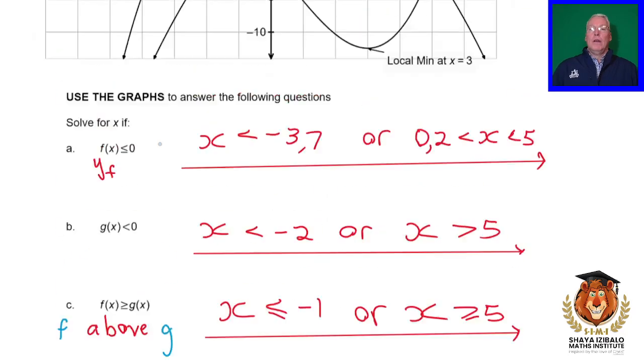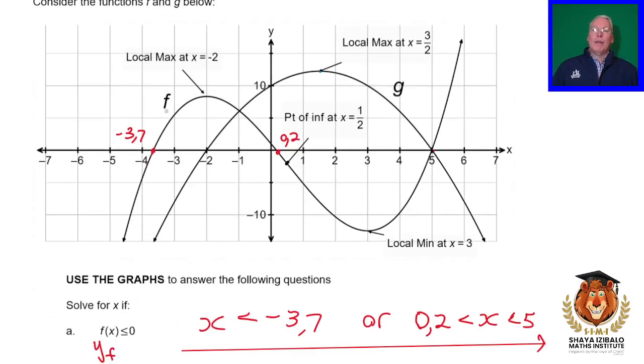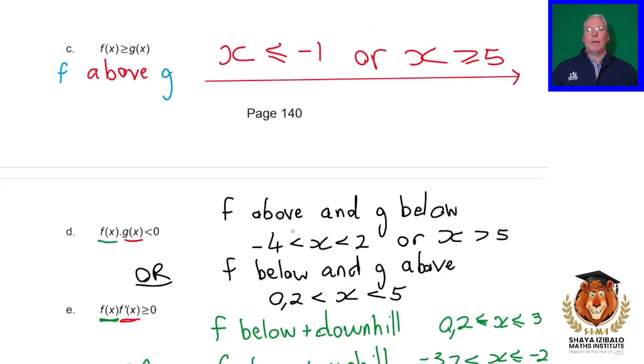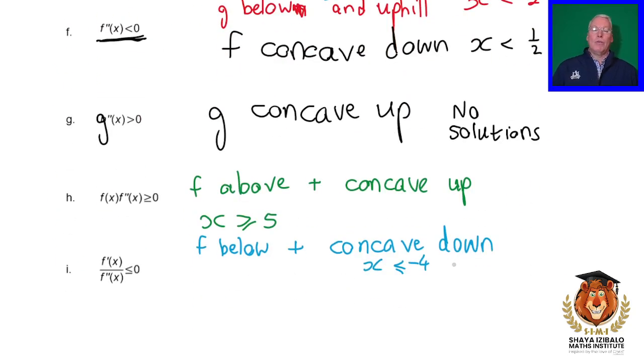Still concave down, it goes below between 0,2 and a half. Over here on this tiny little piece, it's below and it's concave down. Thereafter it's concave up. So from 0,2 to 0,5.